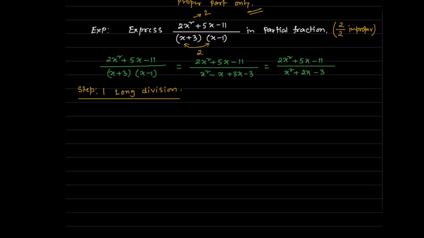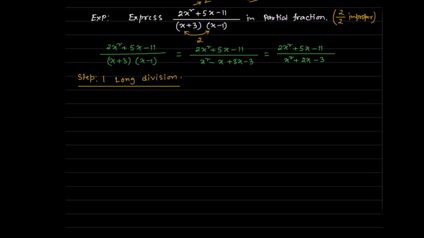For the long division, I already told you how to do that. If you have forgotten, you can check back to my polynomial video. I have given the link in the description box, so you can do the long division in a similar way.